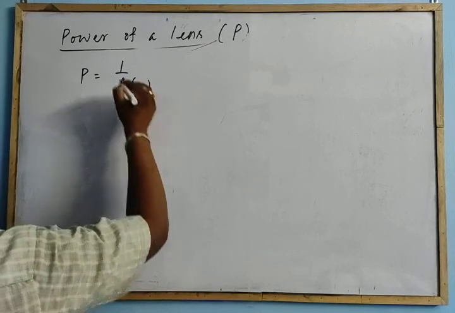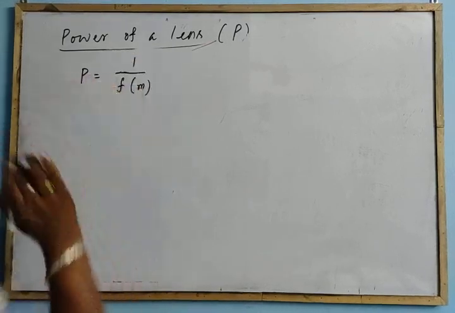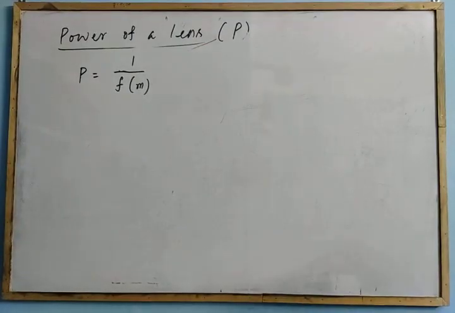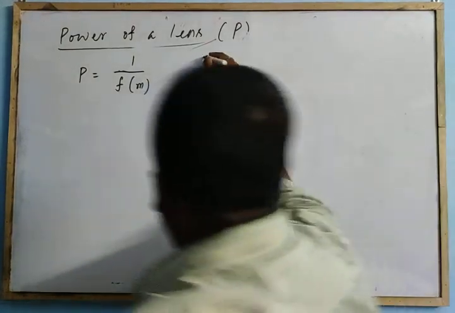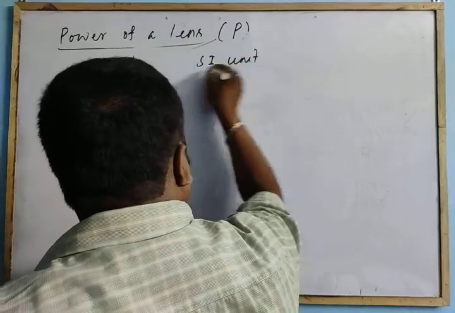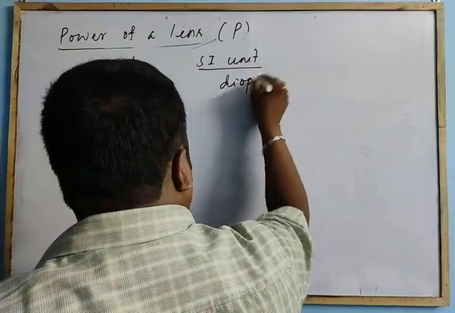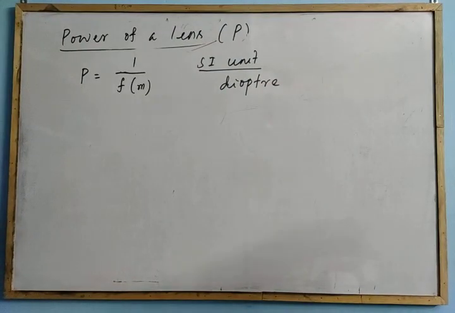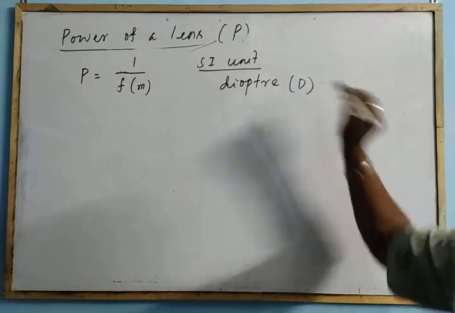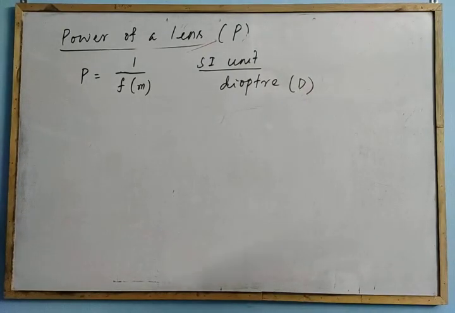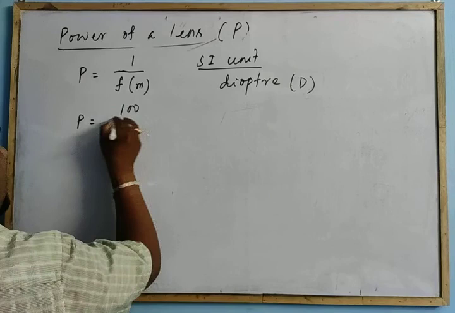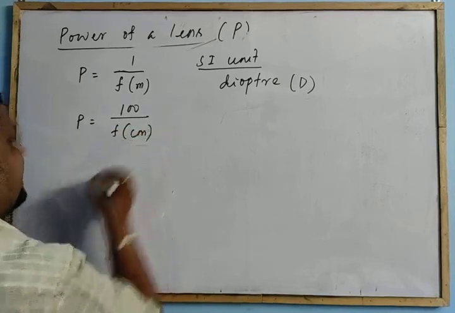And remember, f should be in meters. If f is in meters, then the SI unit of power is the diopter, or you can say D. Or you can say P is equal to 100 by f, if f is in centimeters.